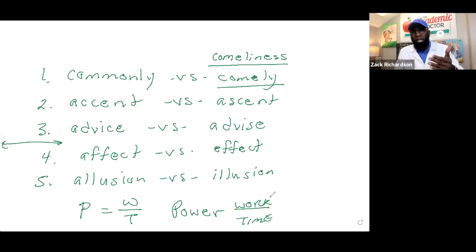The first word in line number 2 is the word accent. Okay, you can use accent in two forms. When you see it on the test, accent would be utilized to talk about decor, which deals with decorative. I'm going to accent the room for a fall theme, so I'm going to use my earth tones, my browns, my orange.